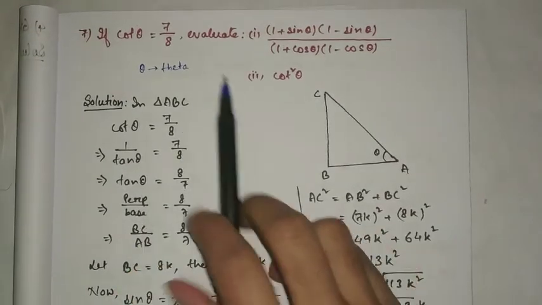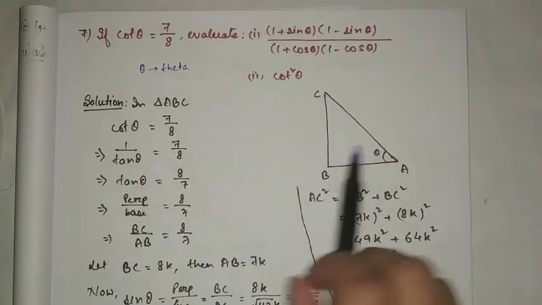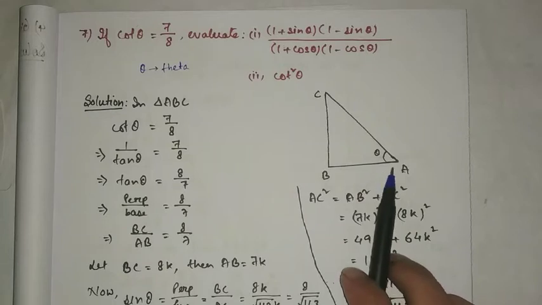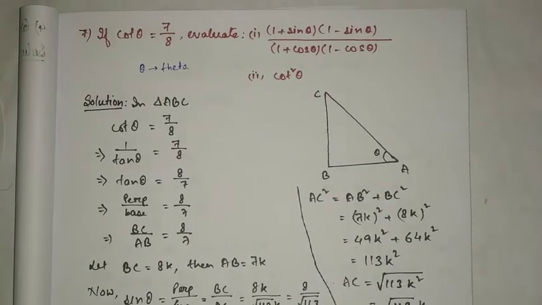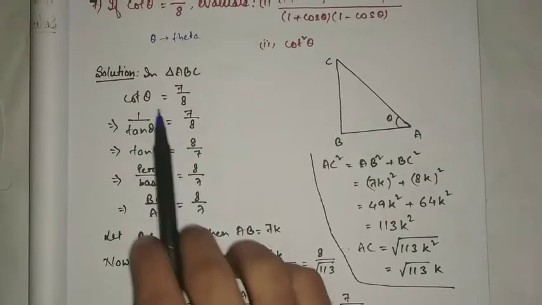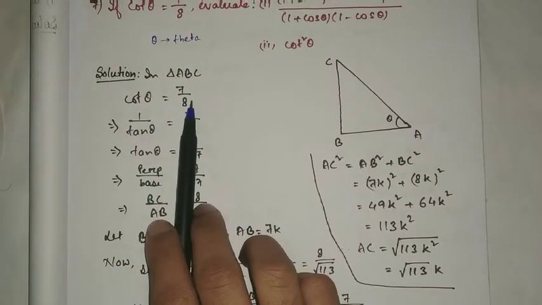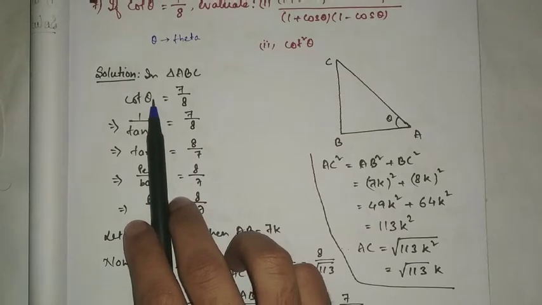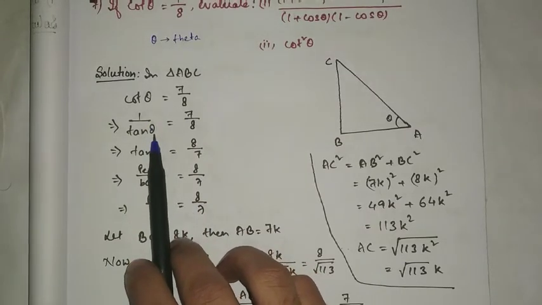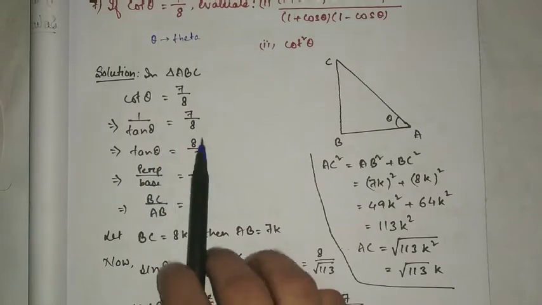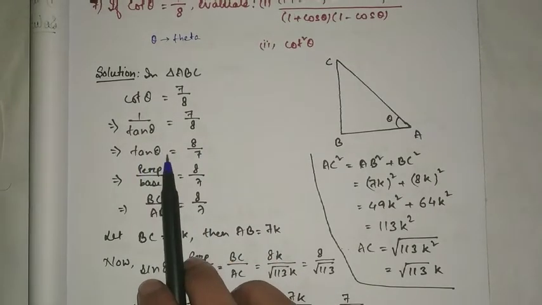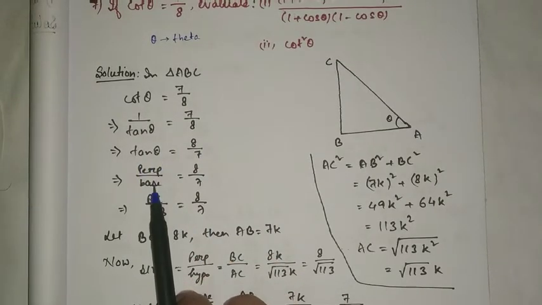So first of all, we draw a triangle ABC, and we assume that this theta is nothing but angle A for the sake of our convenience. Now in triangle ABC, cot theta is given as 7 by 8, and we know cot theta is the reciprocal, 1 by tan theta. So we get tan theta as 8 by 7, and we know tan theta is equal to perpendicular by base.